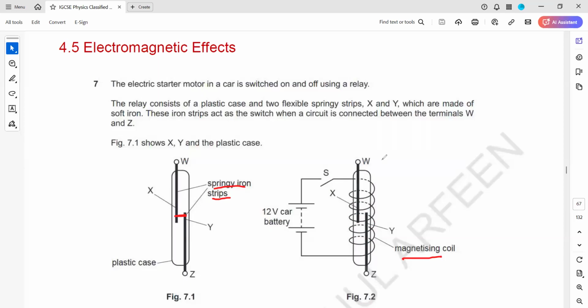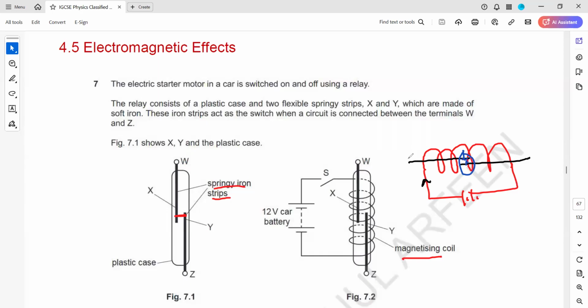If I draw this, this is a magnetizing coil, and in the magnetizing coil two strips made of iron are there. When the current passes through the magnetizing coil, it produces a magnetic field. These pieces of iron behave like a magnet, attract each other and move towards each other.